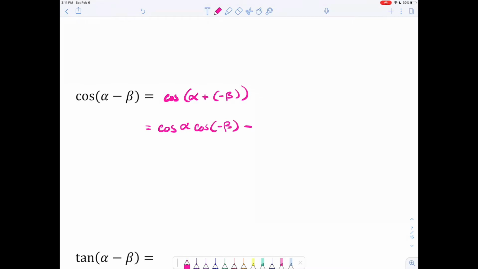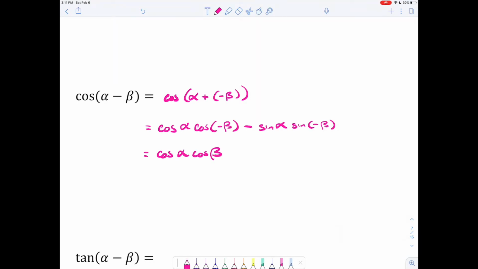And we'd be subtracting sine alpha sine beta, but now it's sine of negative beta. For the next step, I know that cosine is an even function, that even after I reflect it over the y-axis, I still get the same thing back. So I can just write this as that.